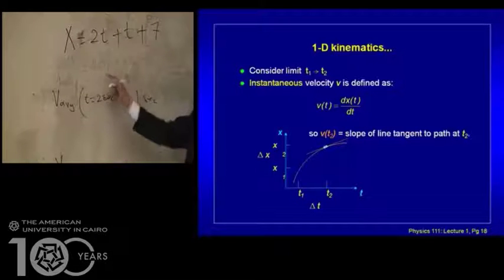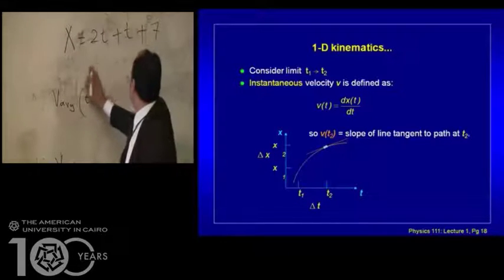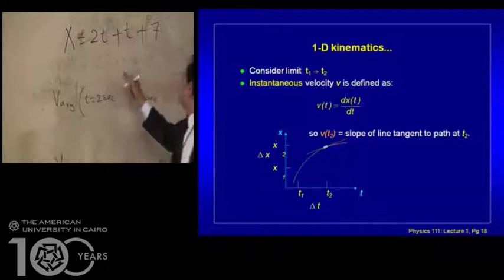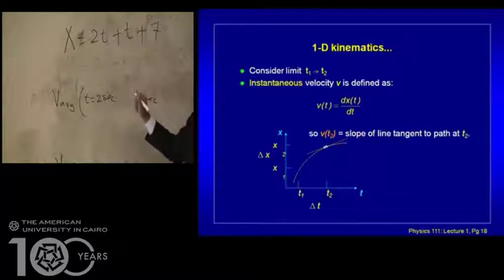Then the function is going to be 6t squared plus 1. And that's the derivative.